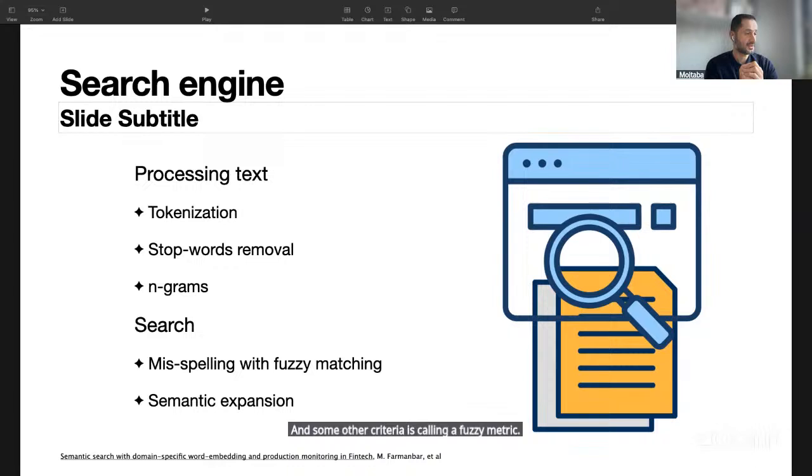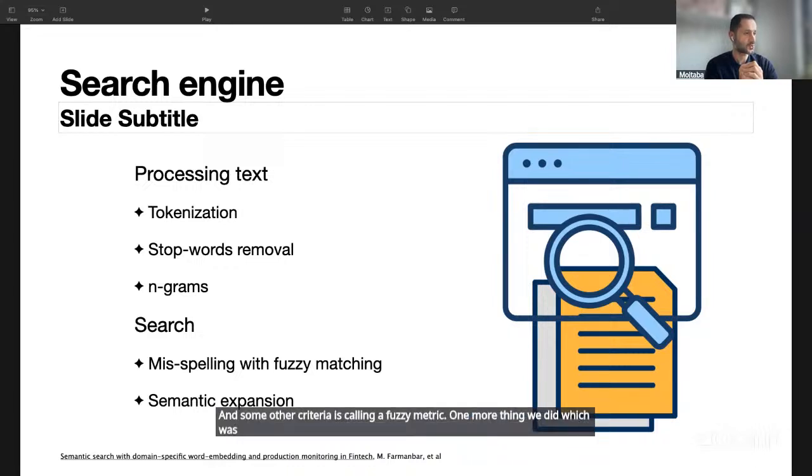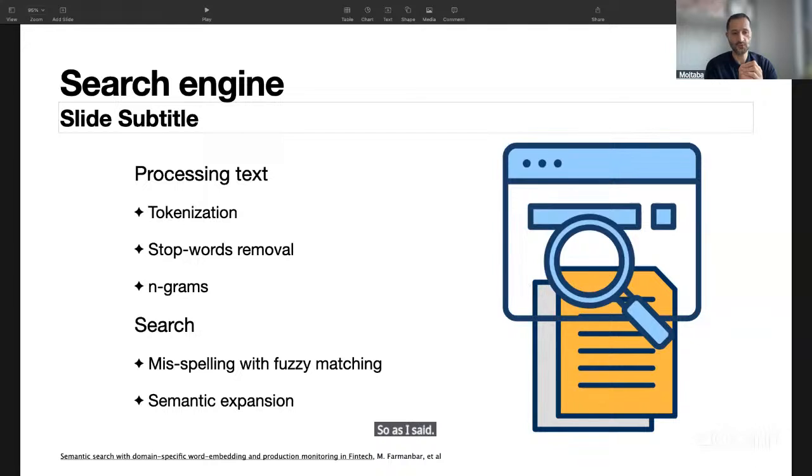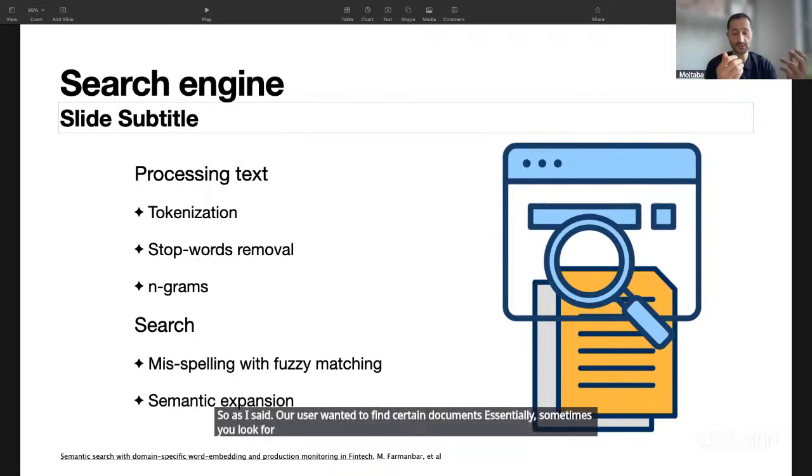One more thing we did, which was taken very well by our users, was semantic expansion. As I said, our users wanted to find certain documents. Sometimes you look for documents related to, suppose, money laundering, right?